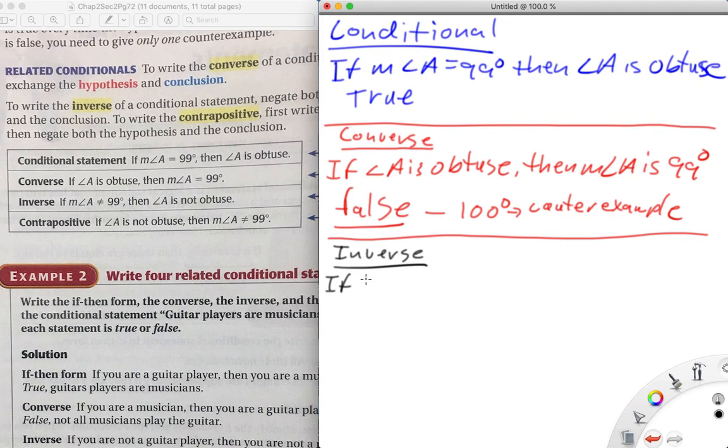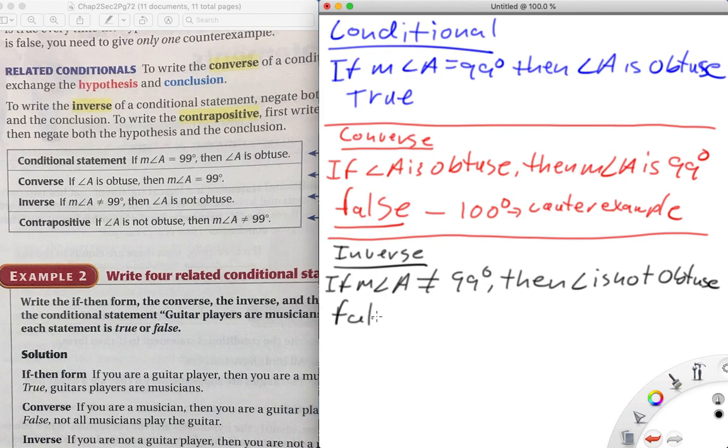So if the measure of angle A is not 99 degrees, then it is not obtuse. Okay, well, this is also false. And it's false because can I think of an angle that's not 99 degrees and that's obtuse? Absolutely, we'll use the same 100 degrees. That's my counterexample.